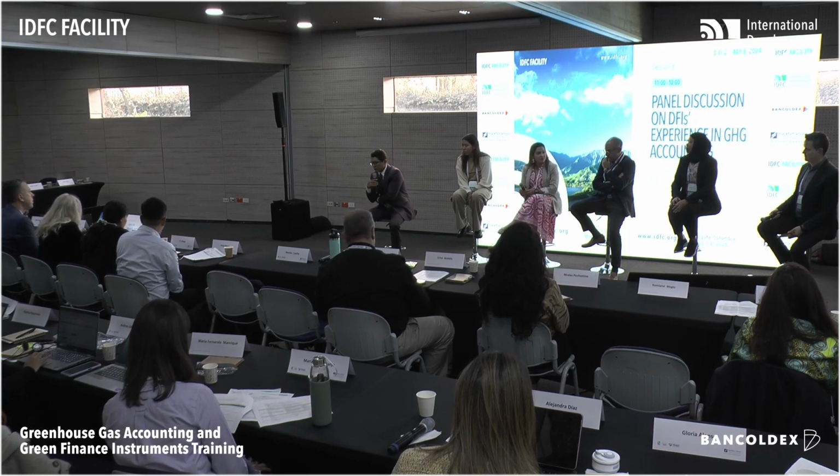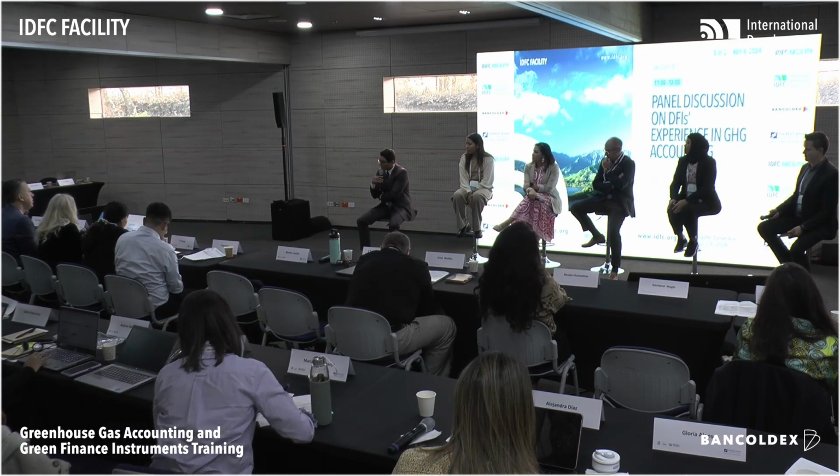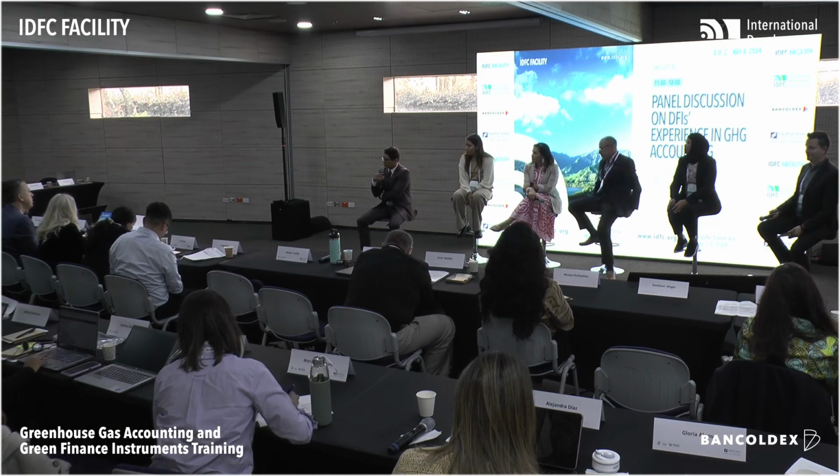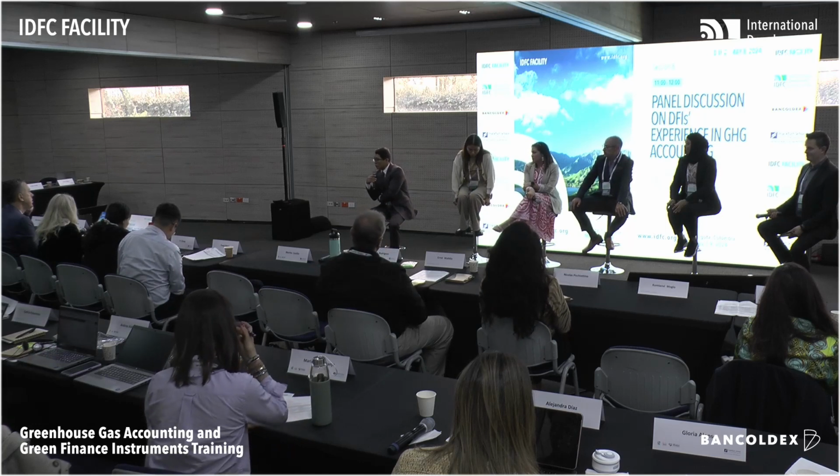Yes, it's also important to mention that to consider a credit operation as green not just implies greenhouse gas emission reduction, which means mitigation, but also adaptation, and in our case, protection and promotion of biodiversity.